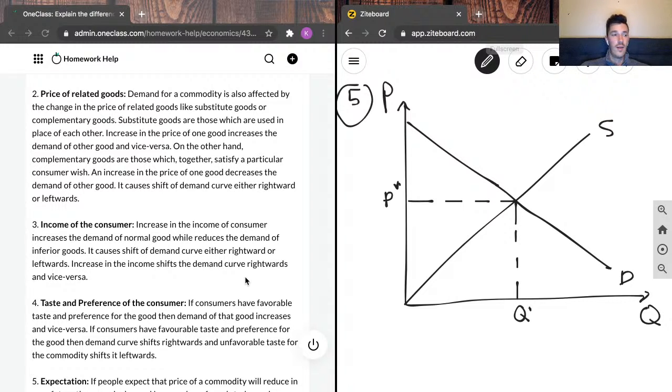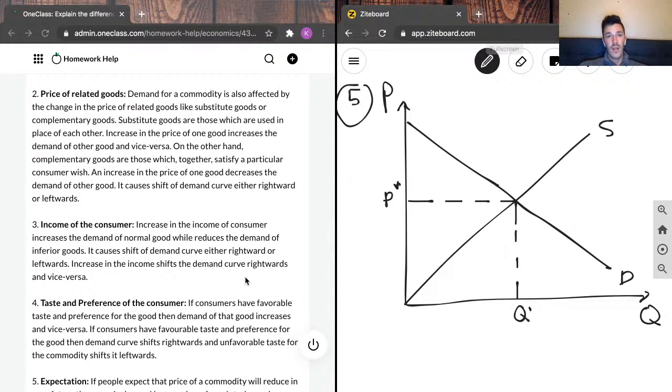So obviously you said, no way, I'll just get some pizza instead. So those are substitutes. They more or less scratch the same itch. So an increase in the price of one good increases the demand of the other good and vice versa. Just to reiterate that, if every burger store near your house went way up in price, you'd probably just start ordering pizza when you had a craving for fast food.